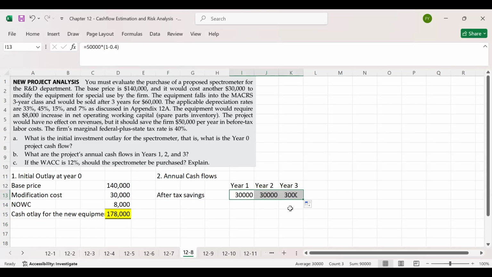The amount is the same for year 1, year 2, and year 3, because this is per year before tax. Then there's a depreciation tax saving.